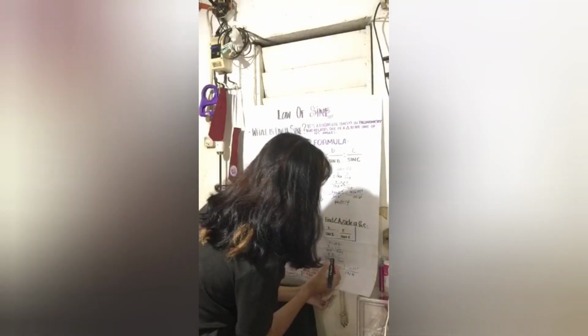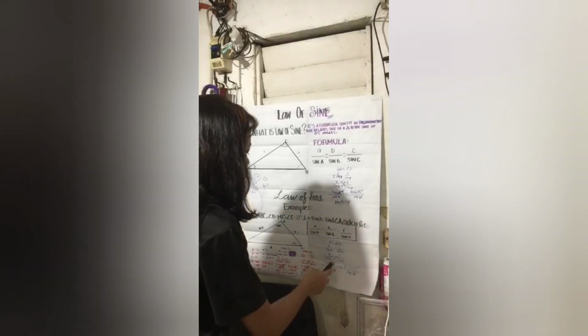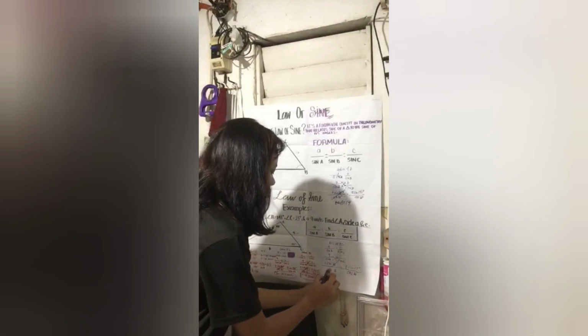So we just did a cross multiply here in the second step. And since this one side is the same, we will also cancel them out.